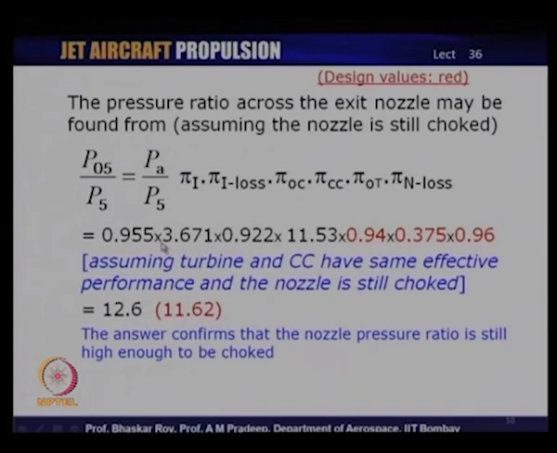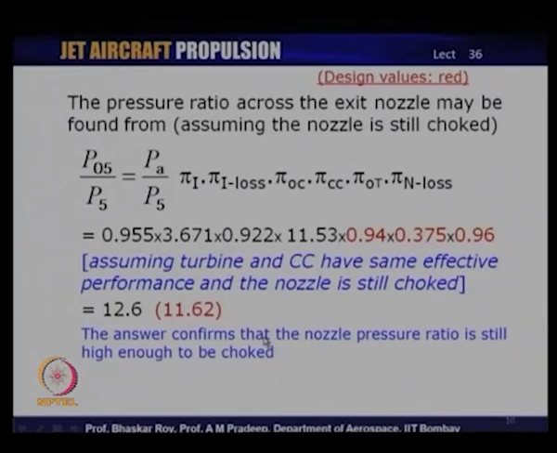If we now put together all the parameters that we have put here and put in their numerical values, holding on to the design values related to the turbine, nozzle and combustion chamber, we see that the pressure ratio across the nozzle is now 12.6, in contrast to the pressure ratio available at the design point, which is 11.62. It also tells us that the nozzle pressure ratio is still very high for it to remain choked.